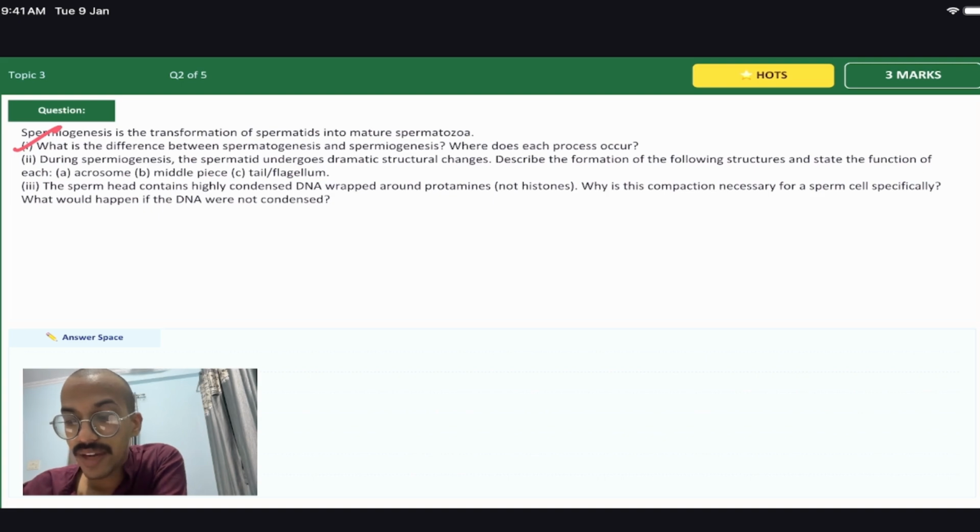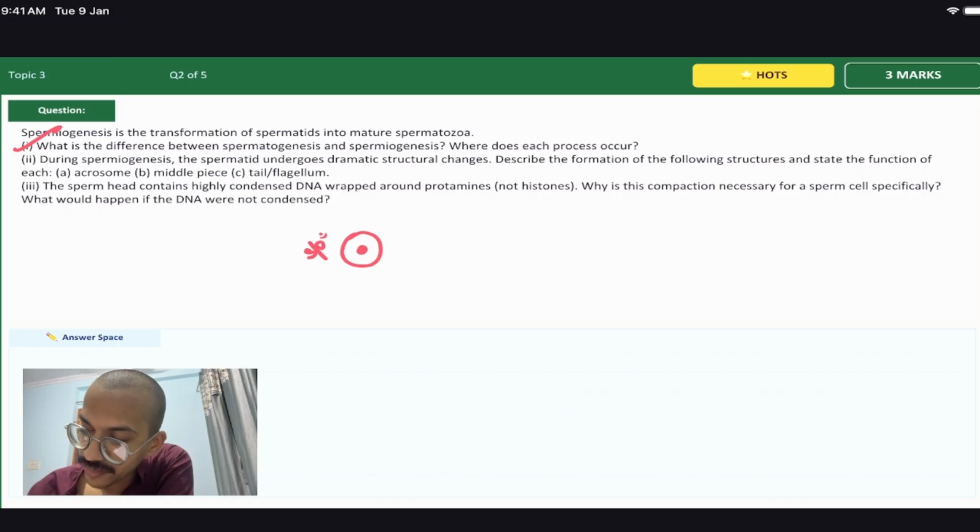Next is, during spermiogenesis, the spermatids undergo dramatic structural changes. Describe the formation of the following structures and state the function of each: acrosome, middle piece, and the tail or flagellum. So basically what happens, this is your spermatozoa, spermatid.